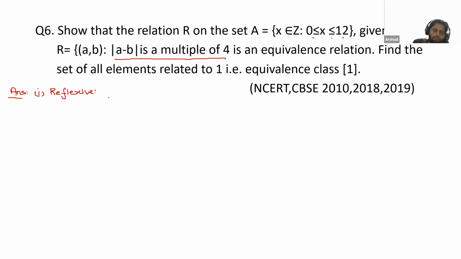In reflexive, what we always do, we assume let a belongs to A. We will write a minus a, which is 0. 0 is a multiple of 4.